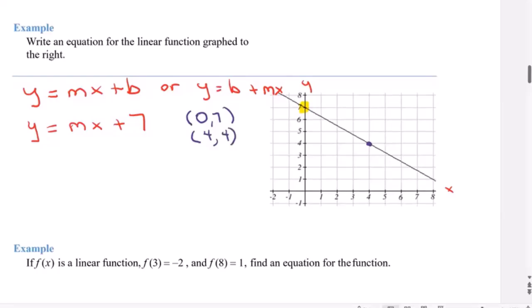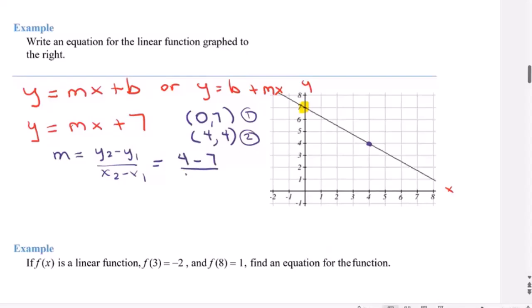And I can use my slope formula, which says the change in y, so I'll call it y2 minus y1 over x2 minus x1. And I'll call this point 1 and this point 2. So my y2 is 4. My y1 is 7.